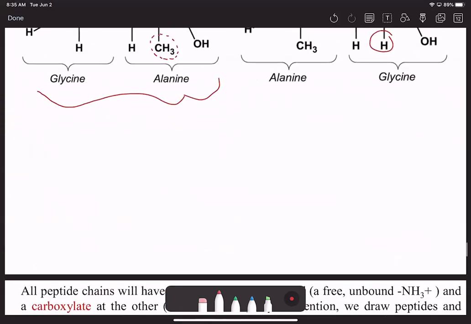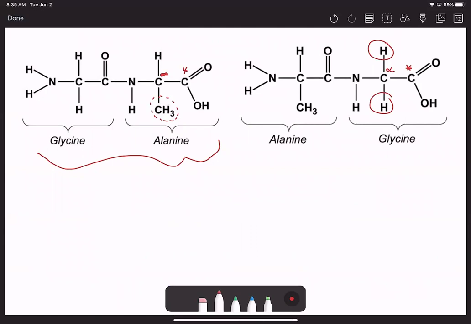Now, once we make these dipeptides, I'll just demonstrate it here before we move on to the next one.